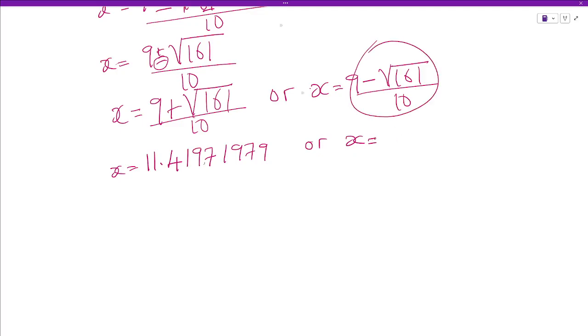So we're going to say 9 minus, okay, in brackets, 9 minus the square root of 161, close brackets, and everything over 10. This gives me negative 0.36885775.